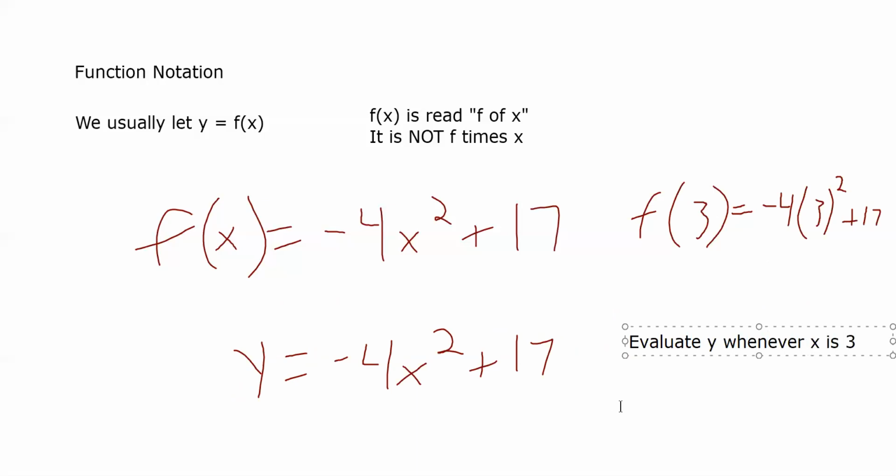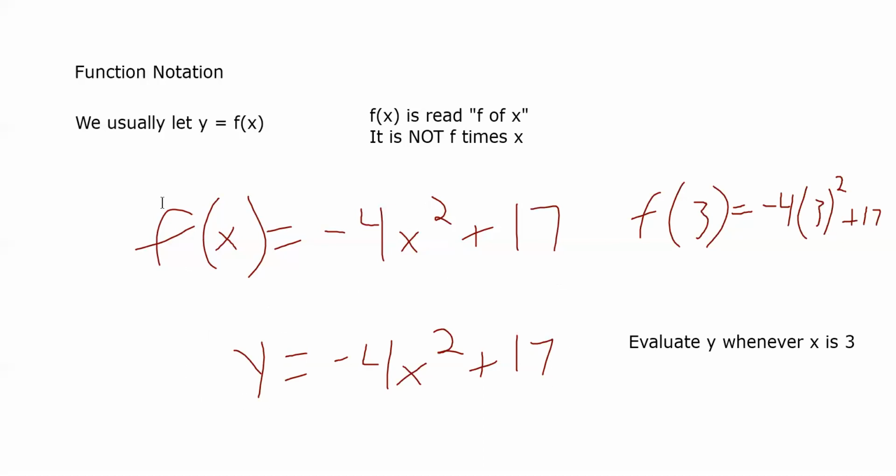Find the value of y when x is equal to 3. That's just a mouthful, and when you're trying to work a lot of problems here, it's just too much. But if I just say f of 3, it's immediately obvious what I mean by that. It means plug a 3 in for x. So really, function notation is just a more convenient way of expressing this same idea.